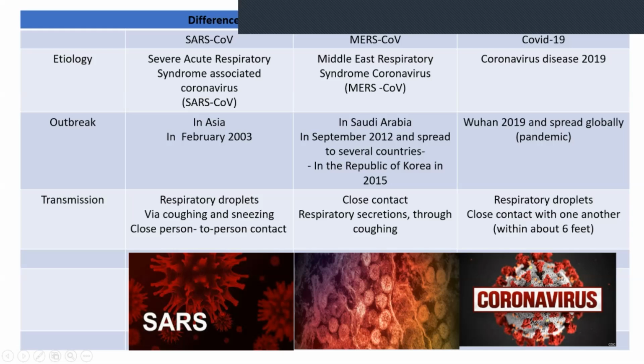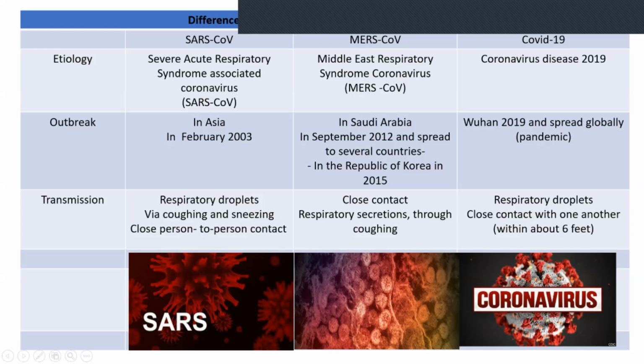Okay, for the outbreak, these come from the same family, coronavirus. Let's see the features. They look the same. The SARS-CoV outbreak happened in Asia in February 2003. MERS-CoV happened in Saudi Arabia in September 2012 and spread to several countries, especially the Republic of Korea in 2015.